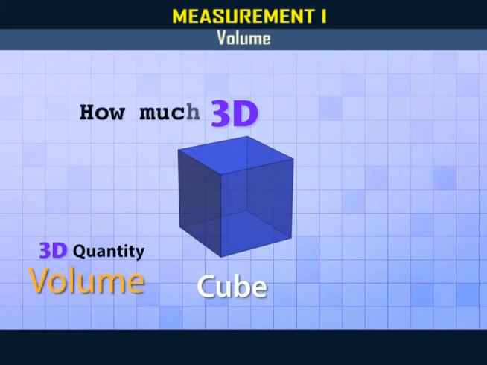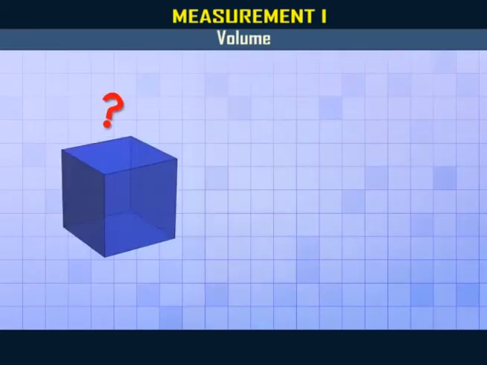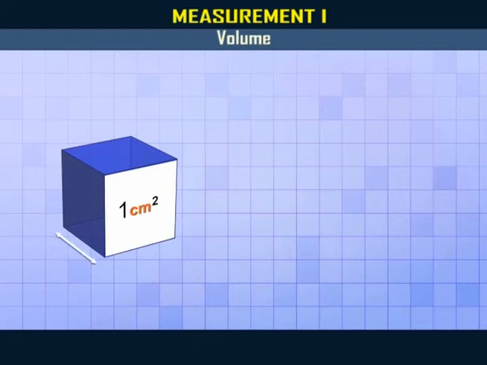Volume is how much three-dimensional space an object occupies. How much volume does this cube have? Since it was made by extending 1 square centimeter surface a distance of 1 centimeter in the third dimension, we say that its volume is exactly 1 cubic centimeter.